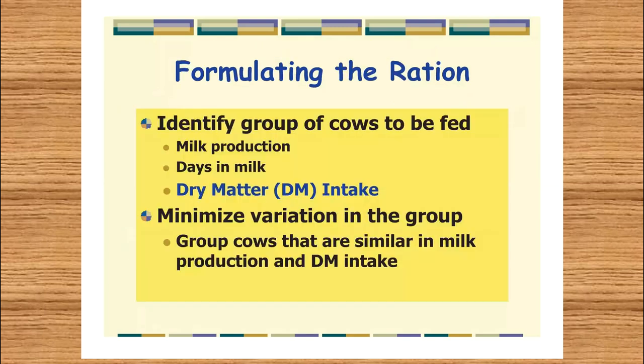So formulating the ration is the technique in which the milk production, the days in milk, then dry matter intake, all these play an important role. Then minimize variation in the group. Grouping cows that are similar in milk production and dry matter intake is always important.